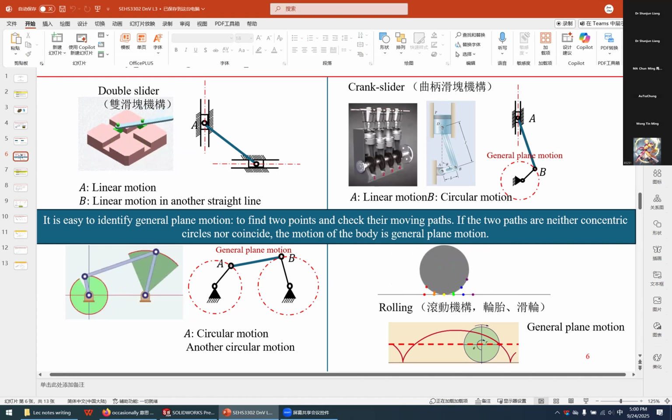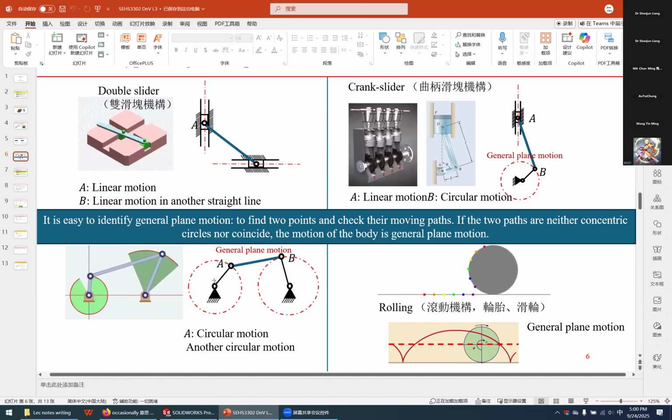Point B moves along another curved path. So it is neither translation nor rotation. Therefore, we call AB experiencing a general plane motion.